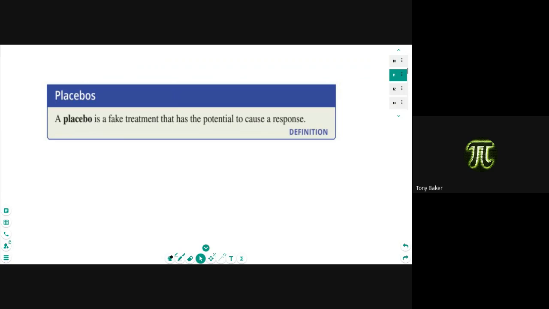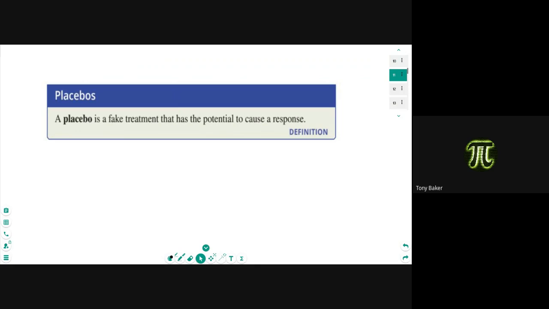So when you're doing an actual, real medical study, if I'm bringing you in and I'm saying, I'm going to treat you for allergies, I'm going to solve your allergy problems. I've got this new drug to take care of all allergy problems. You come in every day, I give you the pill, you take it and go about your business.